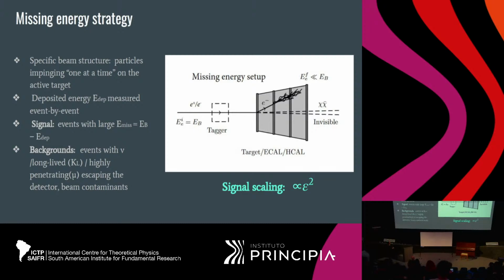So the idea is this: you measure the beam energy before it comes to the target, you measure the energy deposited in the target by the impinging particle, and then you look at the difference between the two numbers. If the difference is large, it may be that part of the energy has escaped in the form of dark matter particles. So this is a very simple scenario for this kind of experiment.